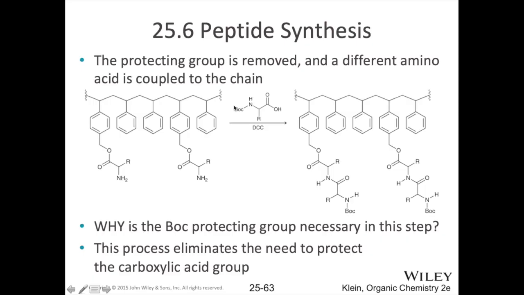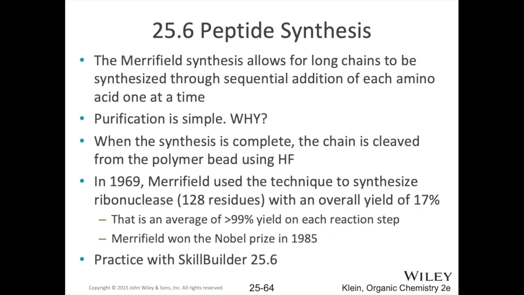Since we're protecting the nitrogen end, we don't have to worry about our C terminus reacting with a nitrogen that it shouldn't. That cuts down our number of protecting steps, and therefore that increases our yield.